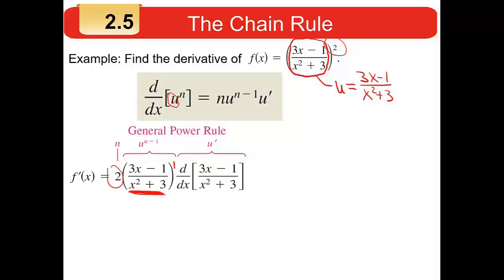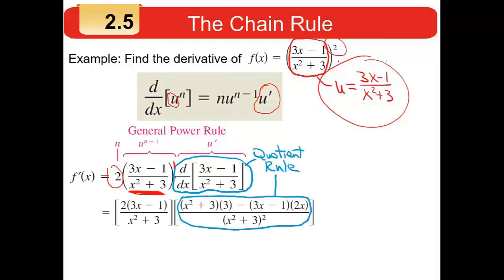Raising something to the first power, you don't have to write the 1 down. But what you can't forget is that you're multiplying now, according to the chain rule, by the derivative of the fraction. To take the derivative of a fraction, that's the quotient rule that we learned earlier. Well, what does the quotient rule say? That's low d high minus high d low over low low.